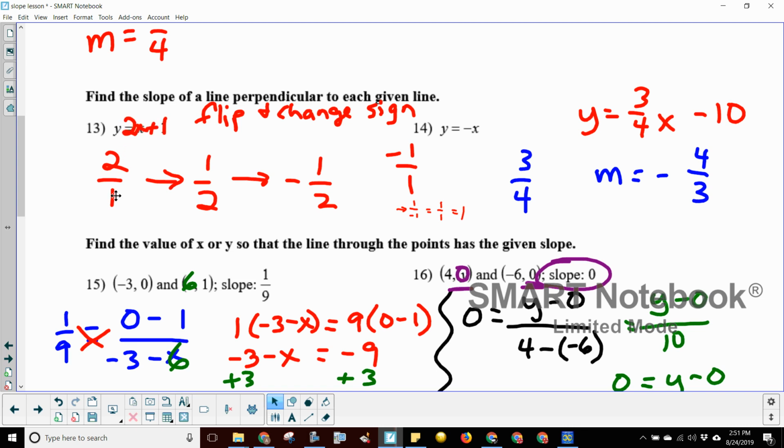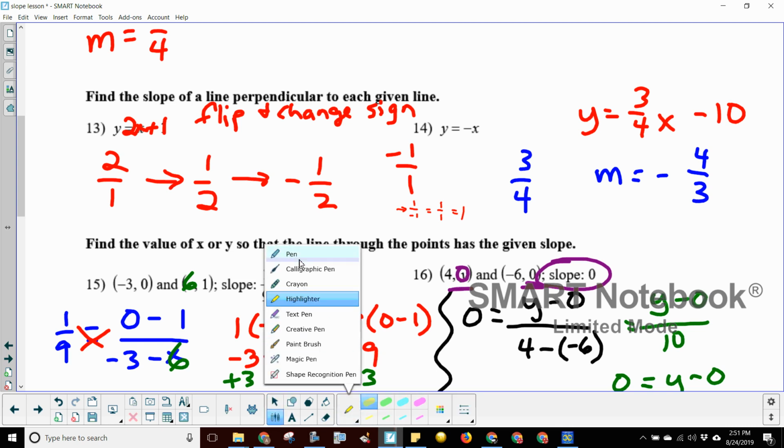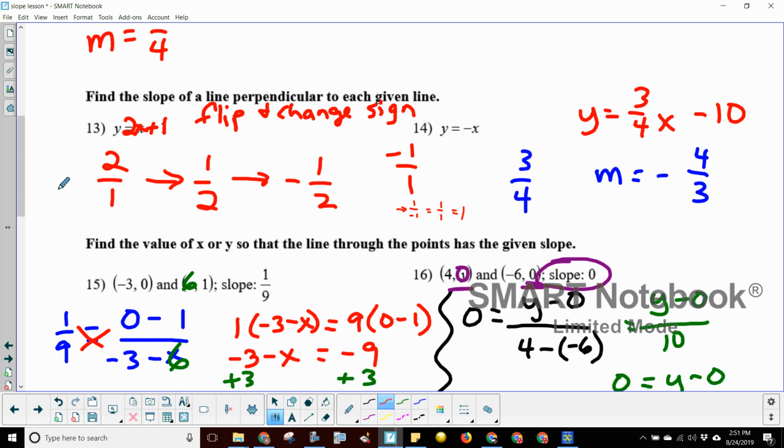So 2 over 1 flips to 1 over 2, and positive 1 over 2 becomes negative 1 over 2, and that's how you get your new value for m. This one's currently -1 over 1, so it switches to positive 1 over 1. Or it flips to 1 over -1 and then changes the sign, but it's just 1.